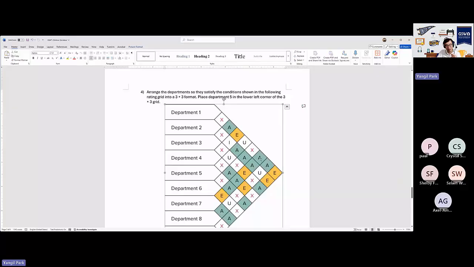Department 1 and 7 is very important. Department 1 and 8 is again most important. So that's how you're going to read it. Some are repeated down here because of the grid, so you'll figure it out.